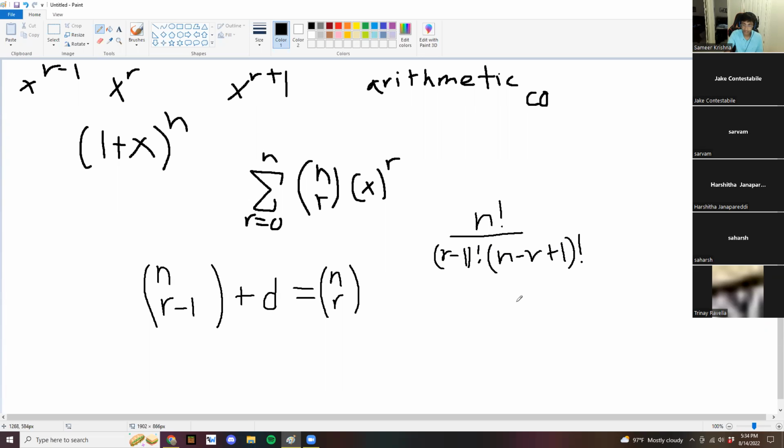Because this written out is technically n minus (r minus 1), and then you distribute that. So that's n choose r minus 1. And then n choose r is just n factorial over r factorial times n minus r factorial.